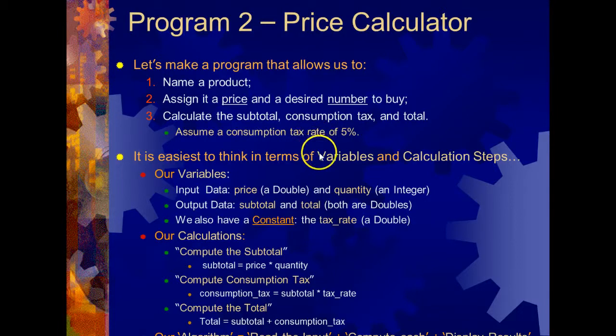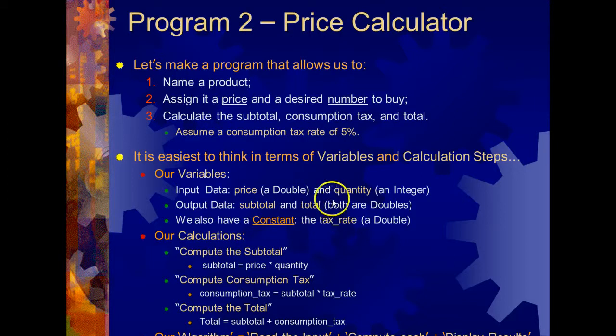It's easiest to think in terms of variables and calculation steps. Our variables are the input data, which is the price and the quantity, and our output data, the subtotal and the total, and then we have also a constant, which is the tax rate.